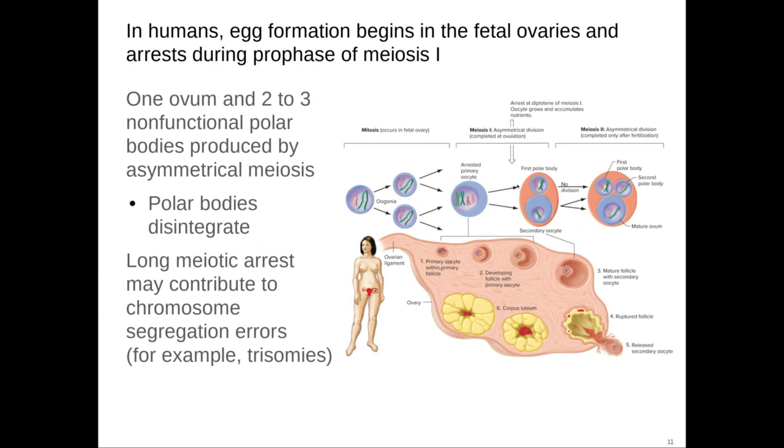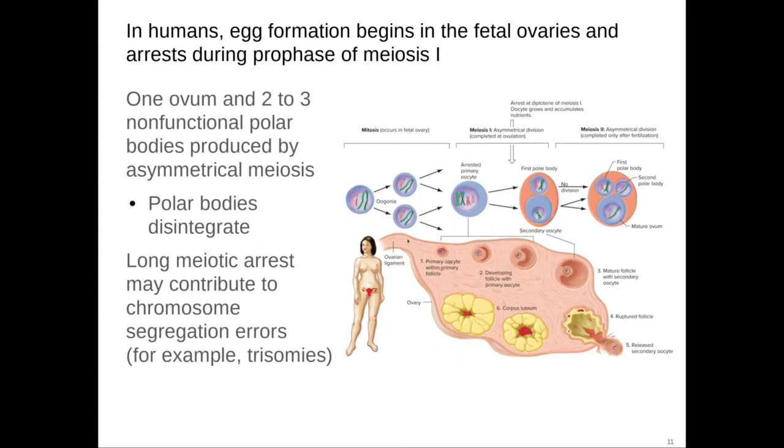It does asymmetrical cellular division, so it produces the first polar body and a much larger overall cell, which we call the secondary oocyte. And then meiosis 2 does not allow the smaller cell to divide, but the larger one divides, producing just a second polar body as well as the mature ovum.